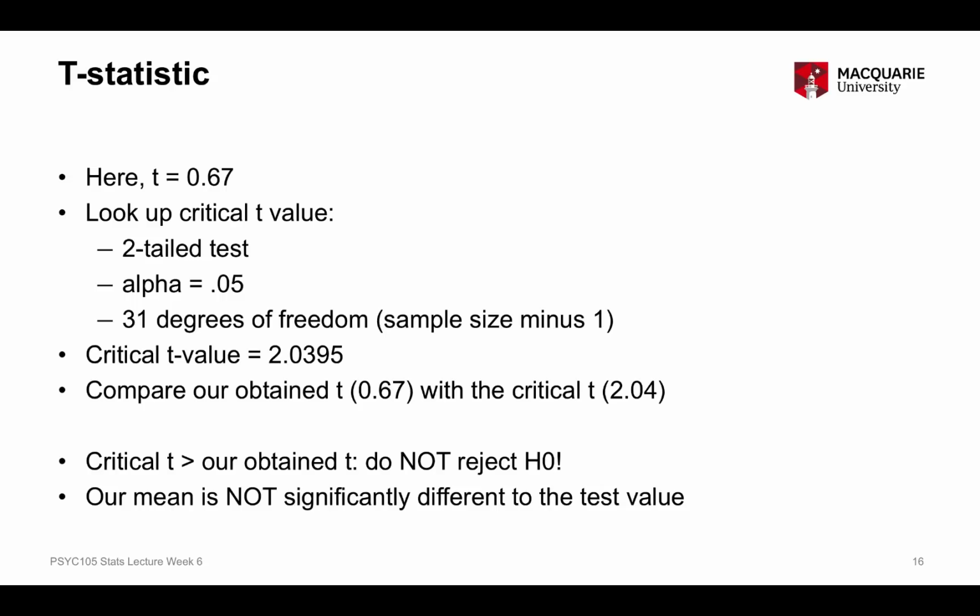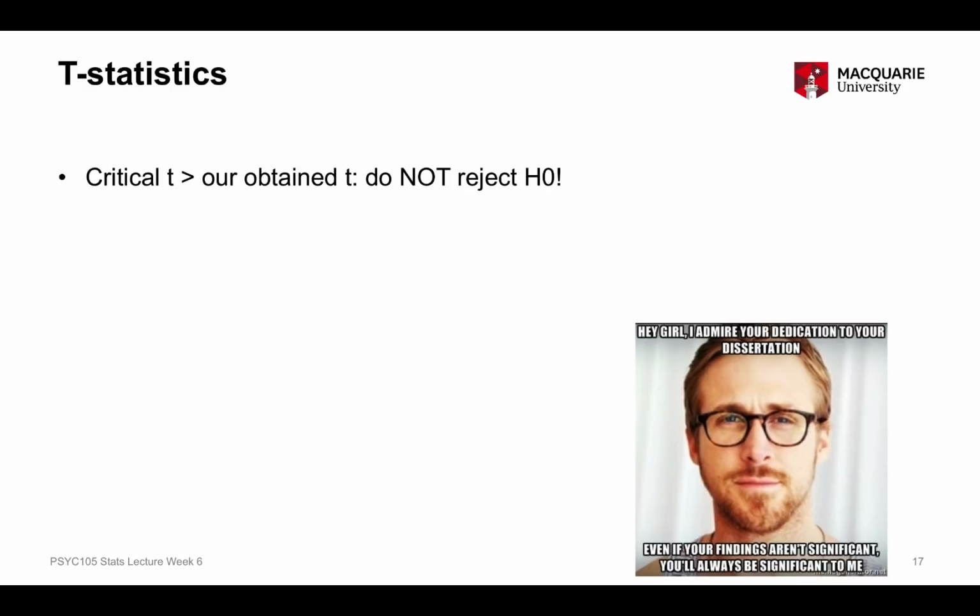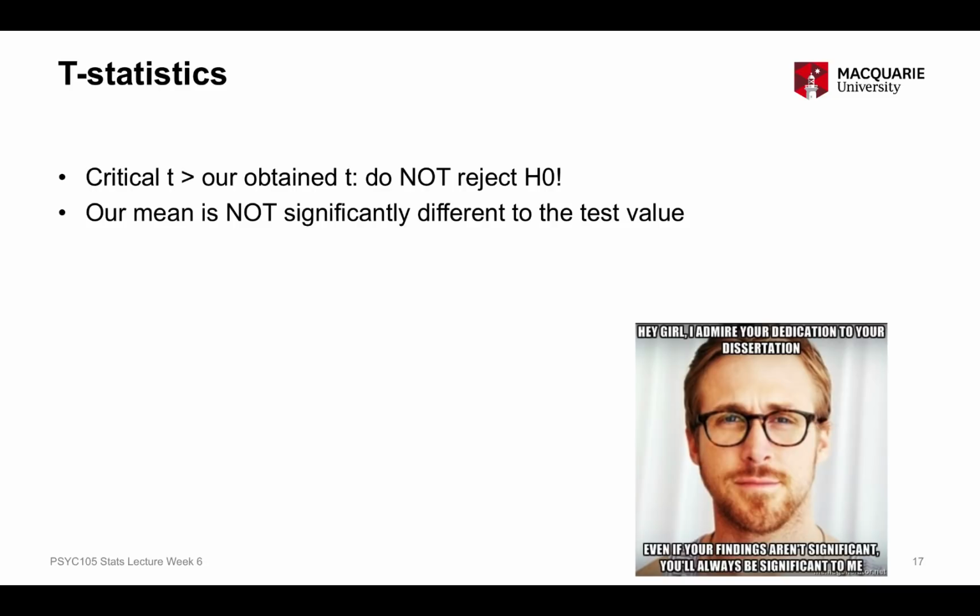So that means that our mean score in this particular instance, in the population from which our sample was drawn, is not significantly different to our test value. So our critical t is bigger than our obtained t, which means we do not reject the null hypothesis, which means the mean is not significantly different to the test value.